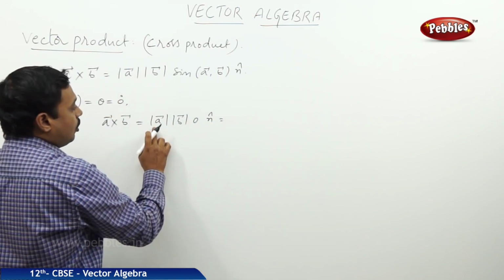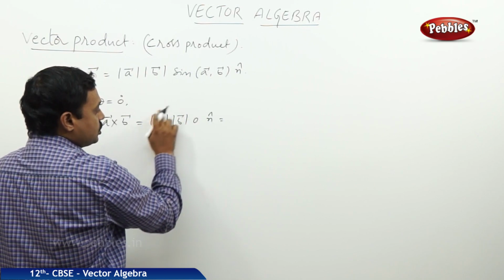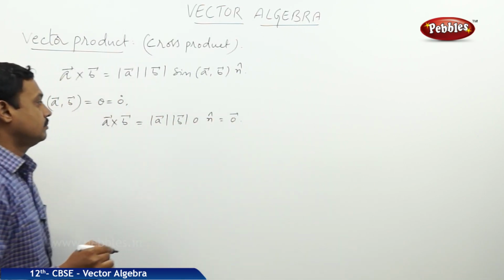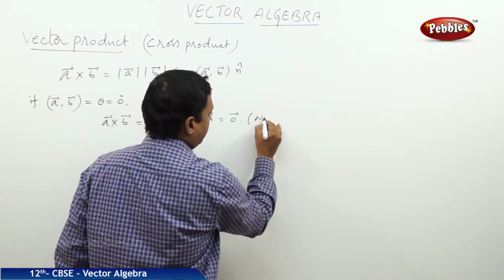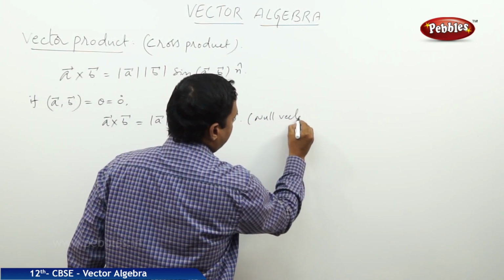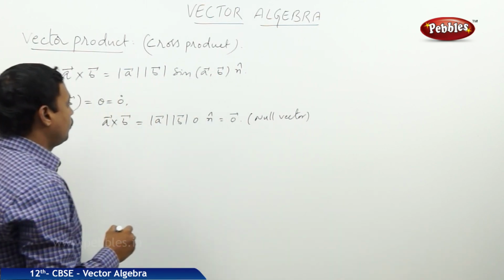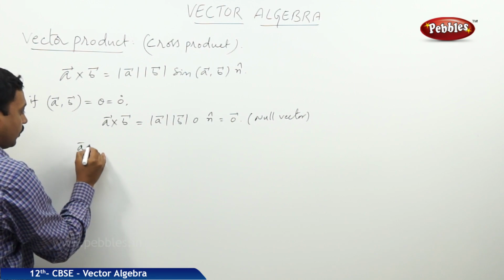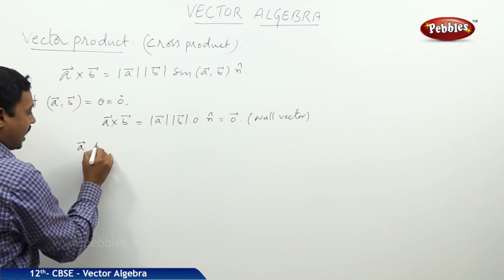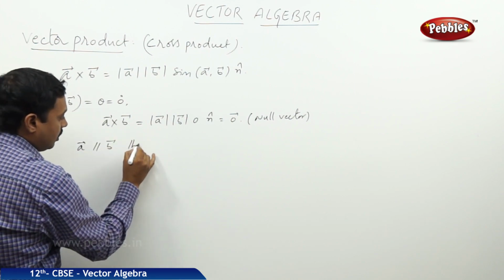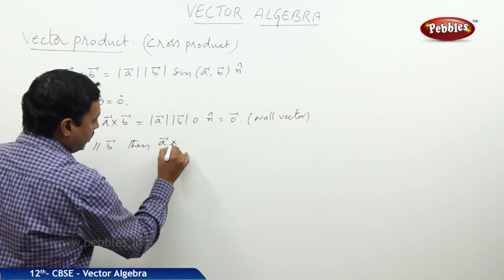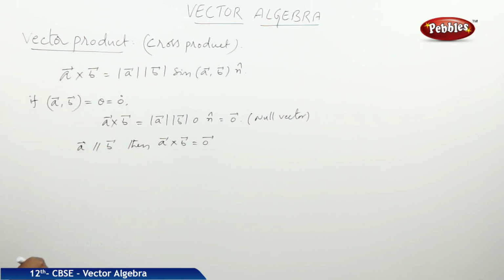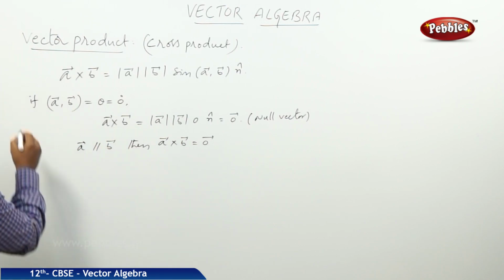Now mod A into mod B into 0 is equal to 0, and 0 into n cap is equal to 0 bar. It is a null vector. Therefore, we can conclude that if A bar is parallel to B bar, then A bar cross B bar is equal to 0 bar. That is one of the most important conditions.